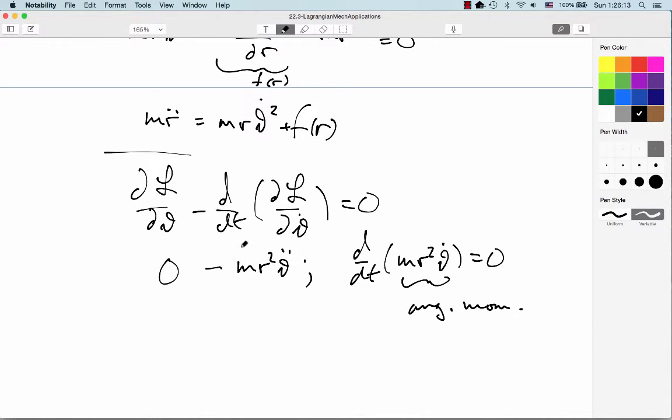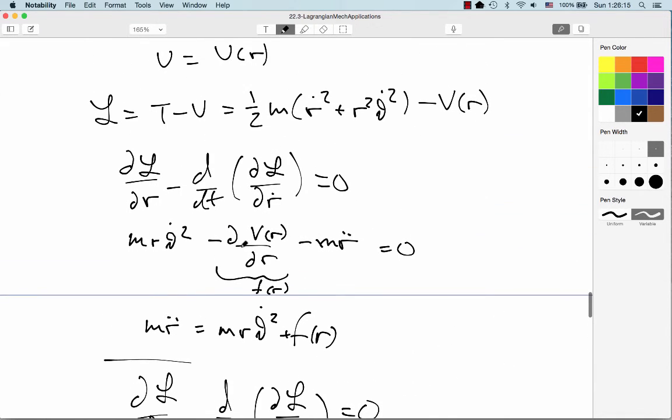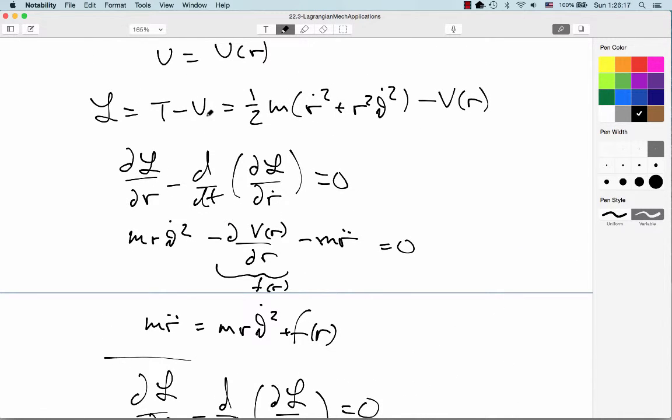And the way to notice that is if you look at the Lagrangian, you see that there's no theta. Since there's no theta, when I differentiate the Lagrangian with respect to theta, I'm just going to get a 0 for doing that operation. We call that an ignorable coordinate because there's no theta to differentiate.